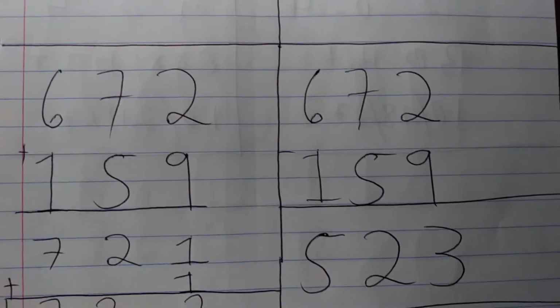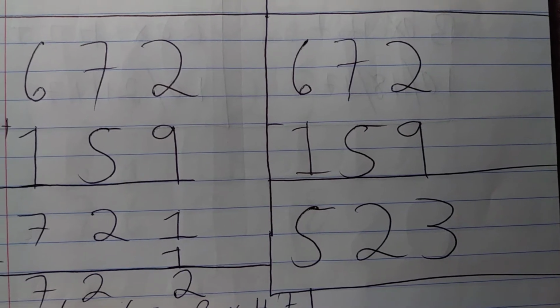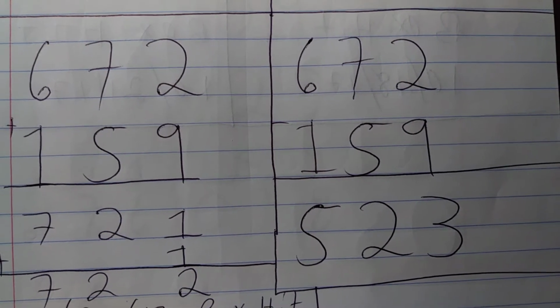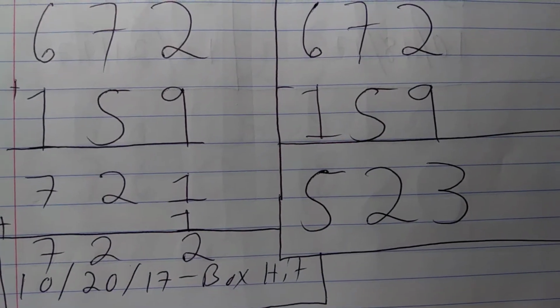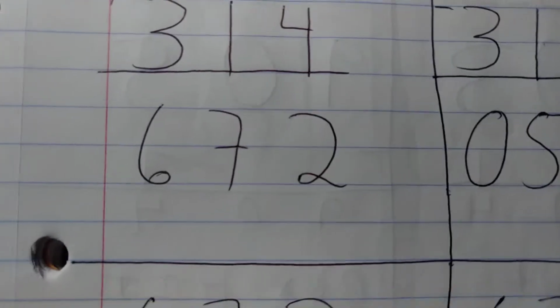And then you would do the same thing. You would take off 159, 12 minus 9 is 3, 7 minus 5 is 2, and then 6 minus 1 is 5, and then 523, that one did not hit in the next 7 days.